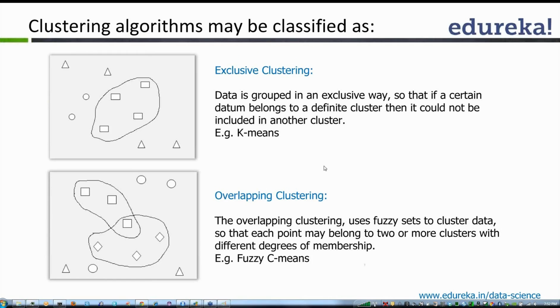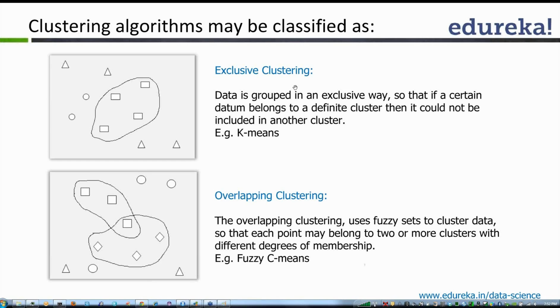There are multiple types of clustering algorithms, not just multiple techniques of solving a clustering problem, but there's also multiple types of what clustering is, or what the goal of clustering is. So one is exclusive clustering. That means it's like a partitioning.